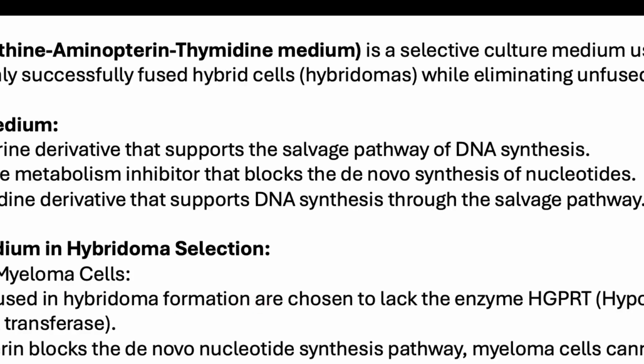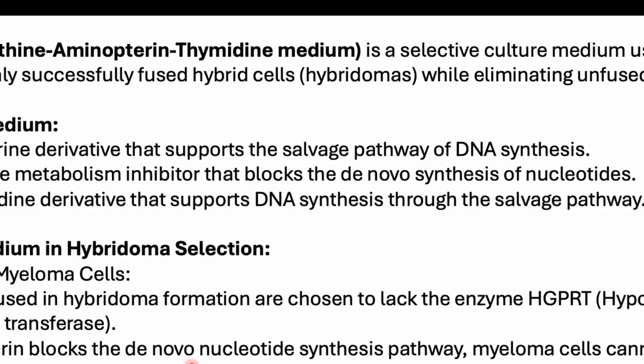We started with two cells, the B cell and the myeloma cell. The myeloma cell, which is the cancer cell, lacks this enzyme. HGPRT is not present in the myeloma cell. Since aminopterin blocks the de novo nucleotide synthesis pathway, myeloma cells cannot survive without a functional salvage pathway.